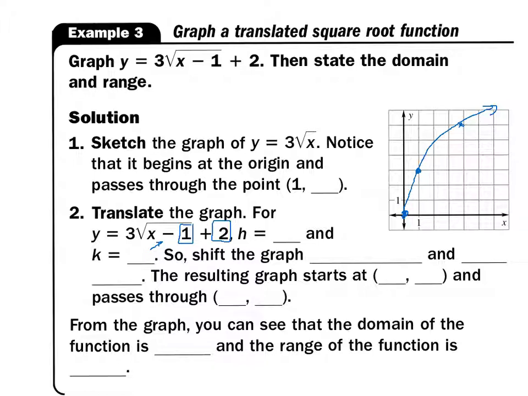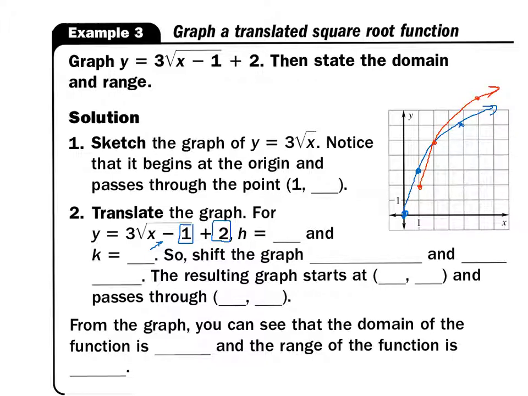So to the right, let me change colors here. To the right 1 and up 2 would be right here. Right 1 up 2 would be right here. So now it goes like that.